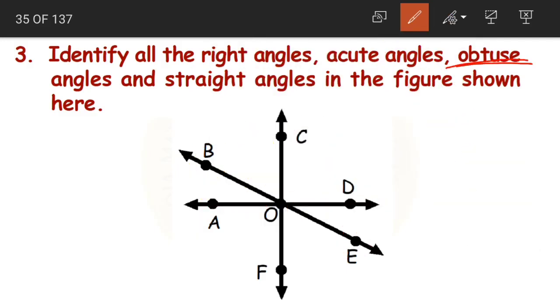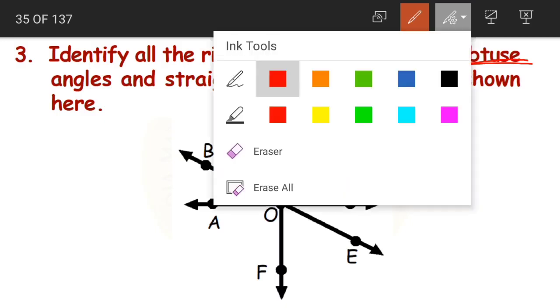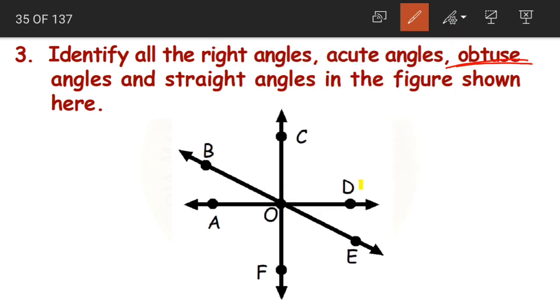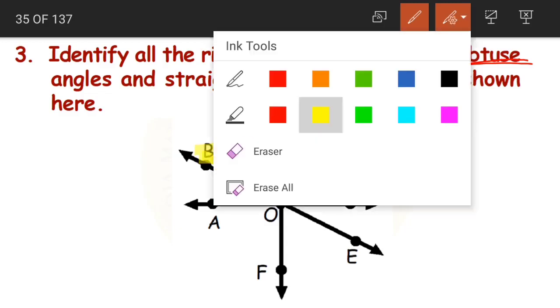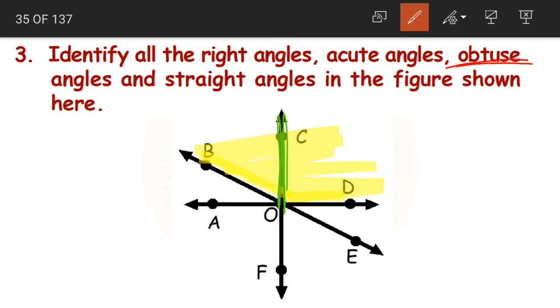Now coming to obtuse angles, which are the bigger angles. Yes, so let us look for the angles that are bigger than our right angle. This is here in the middle. This is our right angle line, but the angle is beyond our right angle, bigger than the right angle.